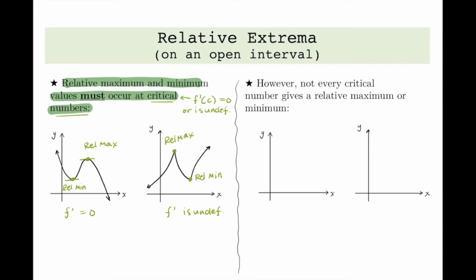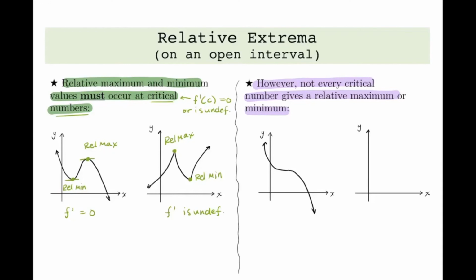We also need to keep in mind that not every critical number will give us a relative maximum or minimum value. Again, we will talk about how to decide whether we have a max or min algebraically, not just graphically. But graphically, what this would look like is if we have a critical number, meaning that the derivative is 0 or undefined there, but we don't have a maximum or a minimum, that might look something like this, where the tangent line is horizontal and then the function doesn't have a max or min, so it continues maybe to decrease or maybe increase.